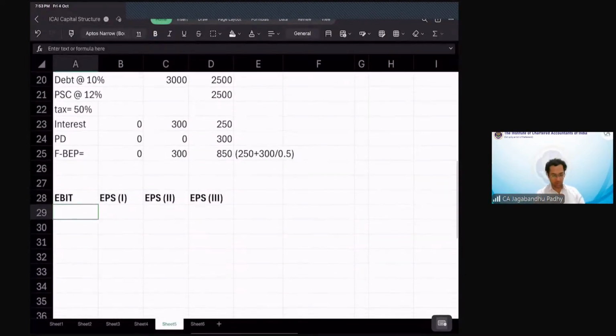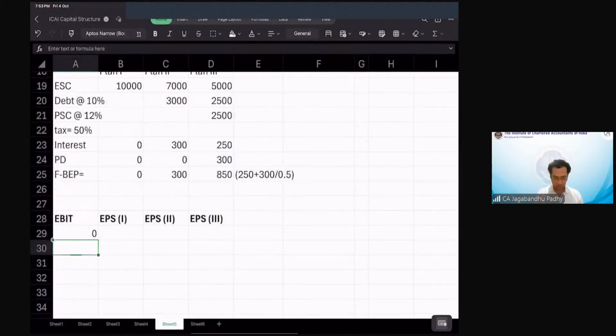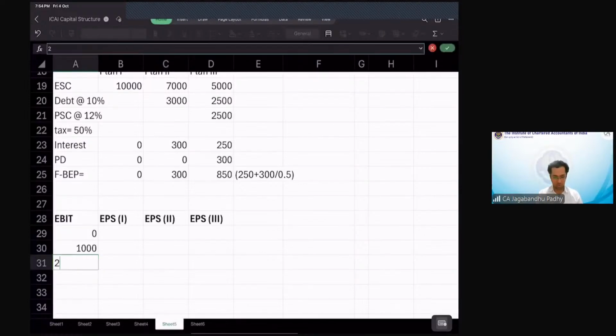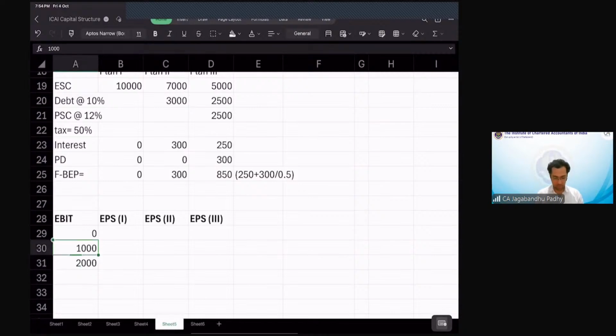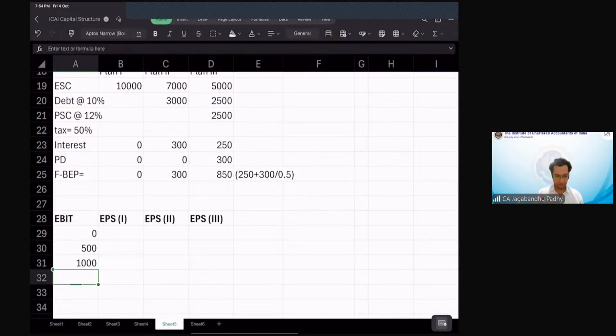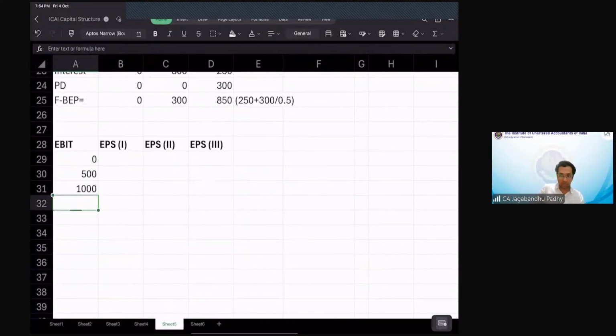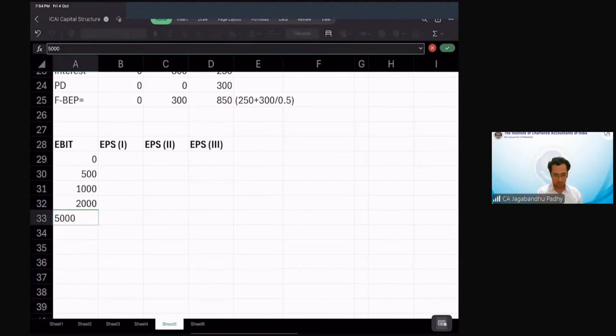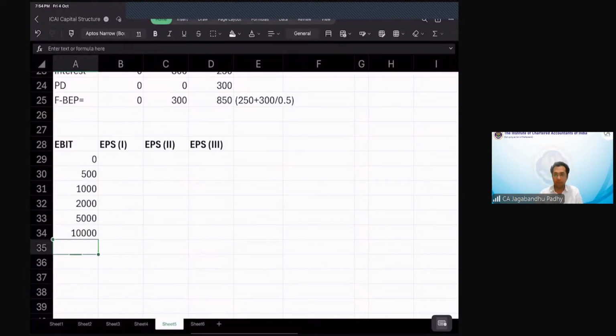So let's say if your EBIT is 0, then you can take, suppose, an EBIT of 500, 1000, 2000, then we have 4,000, 5,000 and 10,000, right?